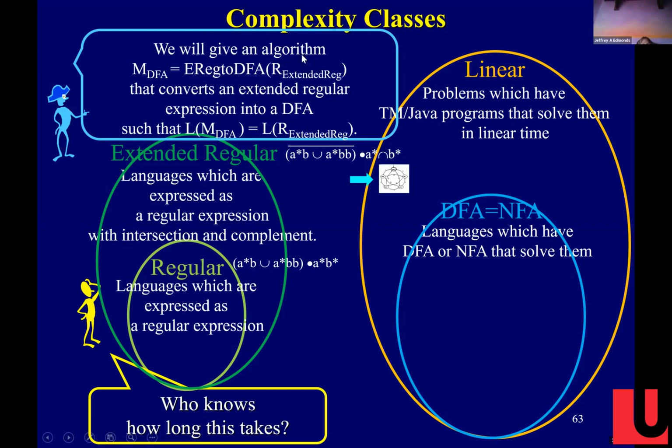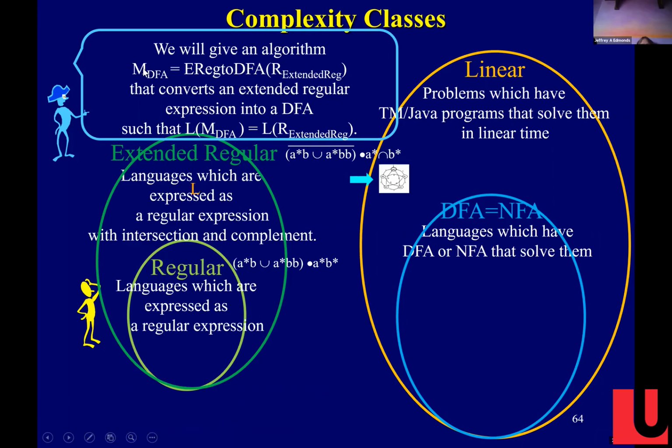One thing that we're going to come up with is an algorithm which, if you give me an extended regular expression, I can build the DFA for it. It's going to be a complicated proof, mind you, but you give me an extended regular expression, I'm going to give you a regular one. So what does that tell me?